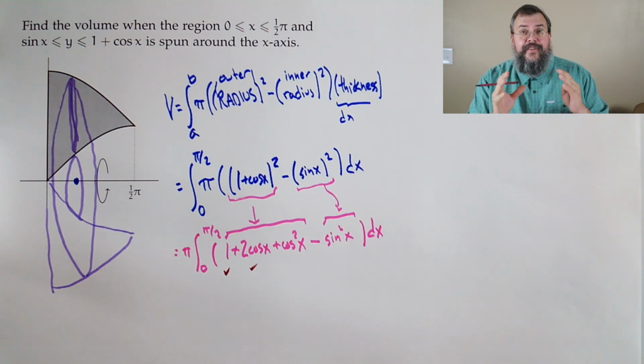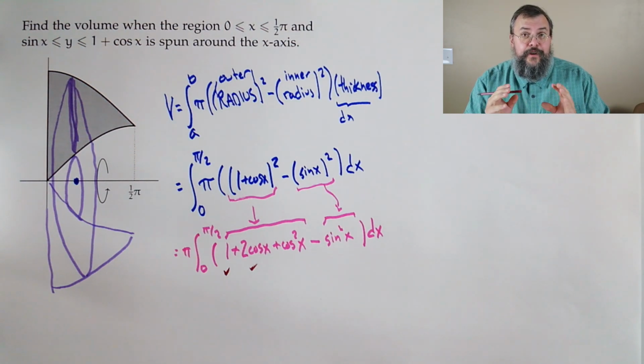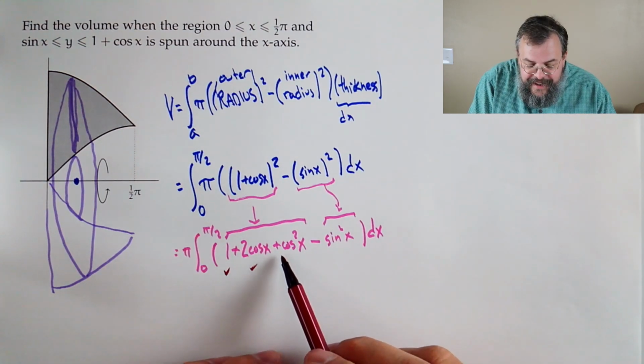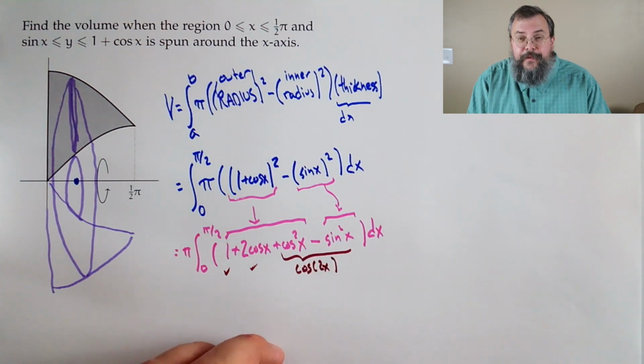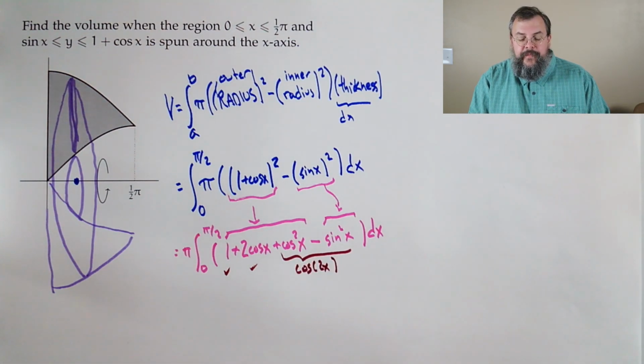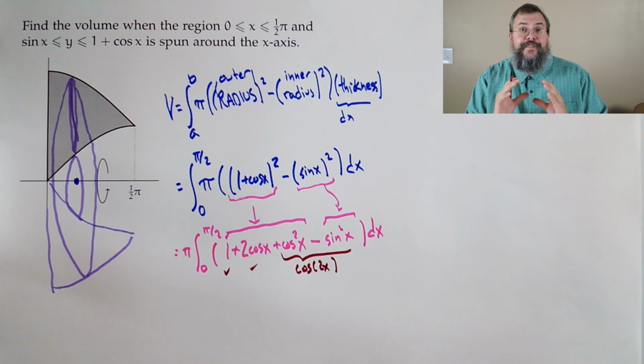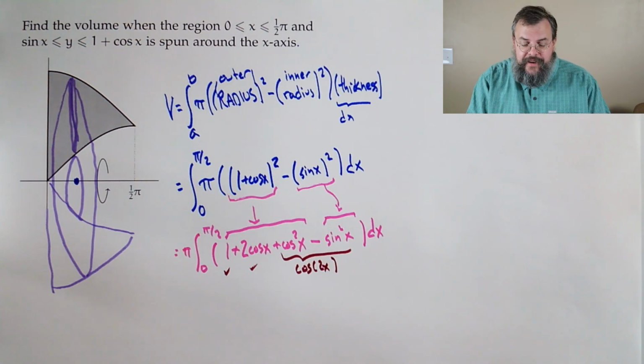In fact, there are about 6 trig identities that you should know, and one of them involves cosine squared minus sine squared. Do you remember it? It is cosine of 2x. In other words, it's the double angle formula for cosine. And now we're happy because cosine 2x is something we know how to integrate.